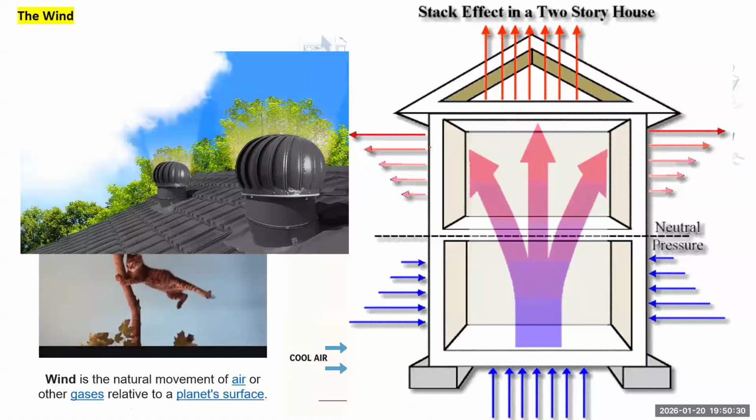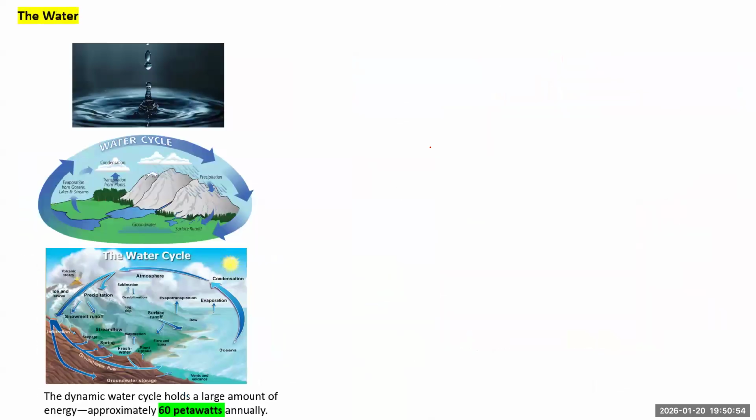So it's called stack effect. You can also see the ventilator, to speed up the natural ventilation in our building. So after understanding better about the wind, I wish in the future you can make good use of the wind for our building design.